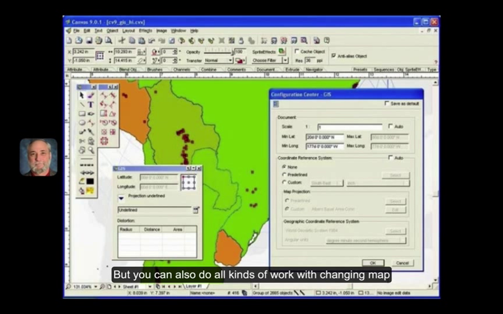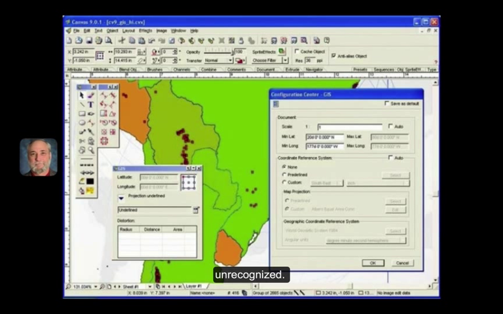But you can also do all kinds of work with changing map projections, changing datums, and the whole bit. There are many, many ways that we can use these tools to change the way the data set appears as a cartographic document, and to compare and contrast different kinds of maps at different scales and at different projections and what have you. So these basic tasks are really critical, although they are often unrecognized.